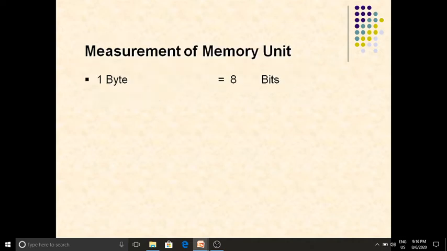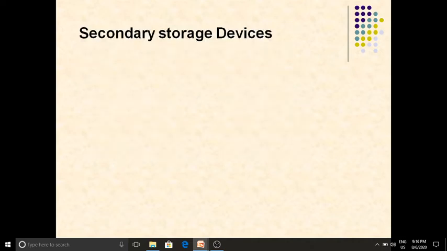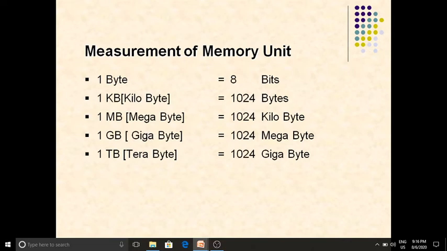So this slide shows you how we measure the memory in a computer system. Suppose, for example, sound. How can you measure sound? Sound can be measured by using frequency.